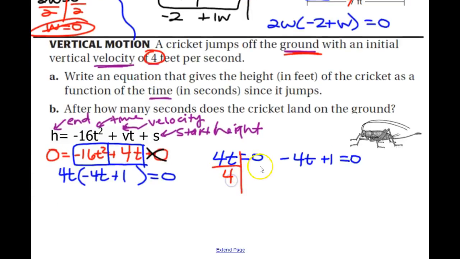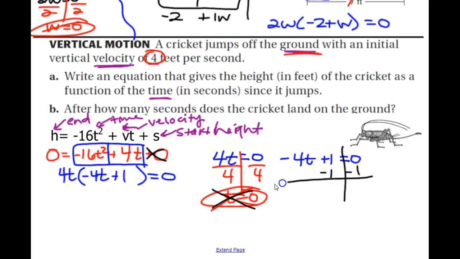If I divide by 4, t equals 0. Well, think, can you jump off the ground and be back on the ground in 0 seconds? Well, you can't time travel, so that one doesn't make any sense. Impossible. So our answer must be over here somewhere. I'm going to subtract 1. We have negative 4t equal to negative 1.